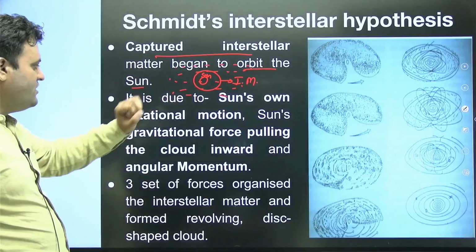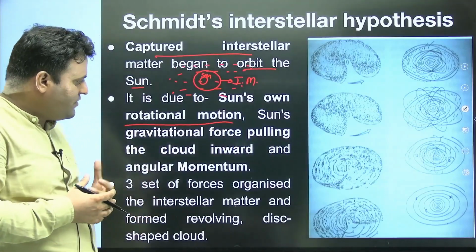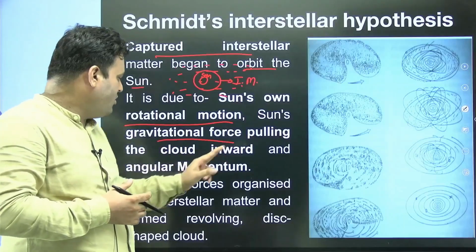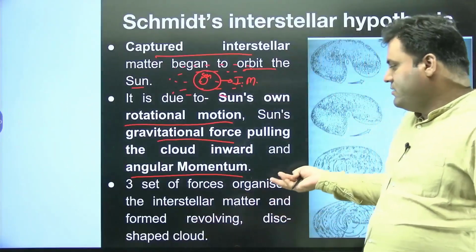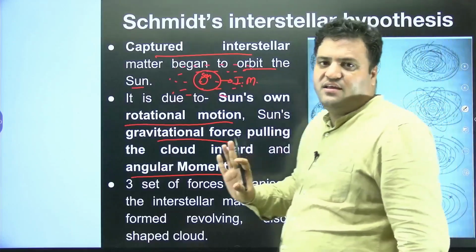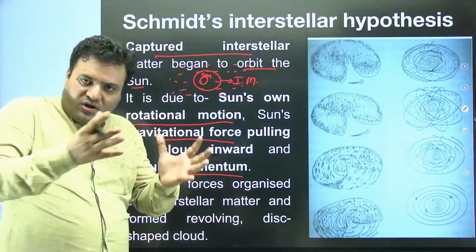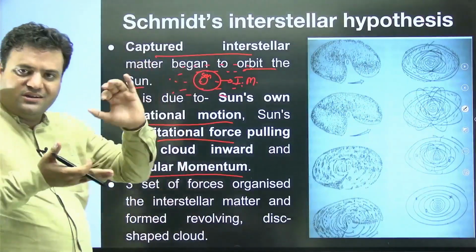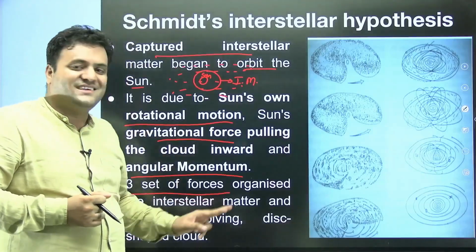Due to the sun's own rotational motion, the sun's gravitational force was further pulling the cloud inward, and due to angular momentum, the interstellar material which was irregularly spread in space was now organized in a particular disk shape. And this was basically because of three sets of forces.